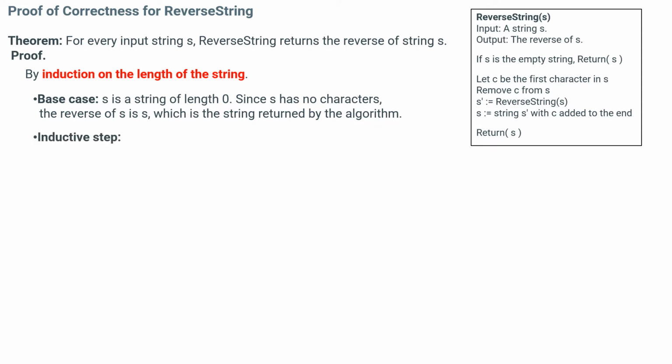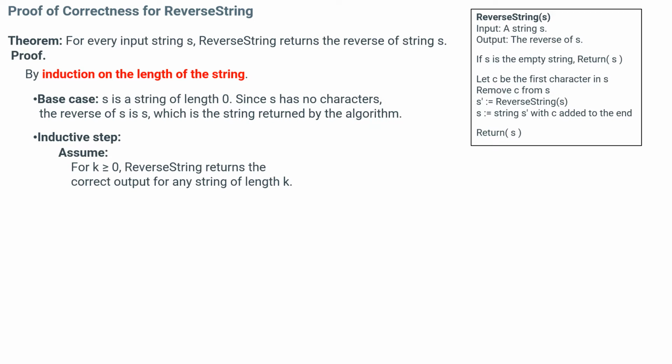Now the inductive step. Remember, the inductive step involves two parts, an assumption and then something we need to prove. The assumption, which we call the inductive hypothesis, is that for any k value greater than or equal to 0, this algorithm returns the correct output for a string of that length, k.